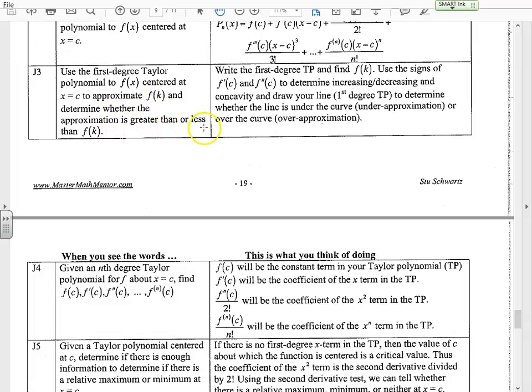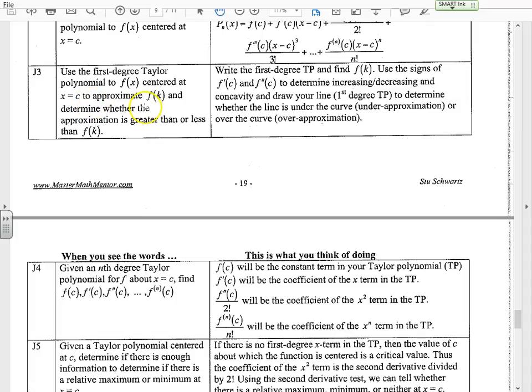Look at the concavity. Remember how yesterday we learned you could either think about the second derivative by looking at the coefficient of the second degree term, or by taking two derivatives of the Taylor polynomial. Either way, when you are approximating at x equals c, to figure out the concavity, you need to know f double prime of c.